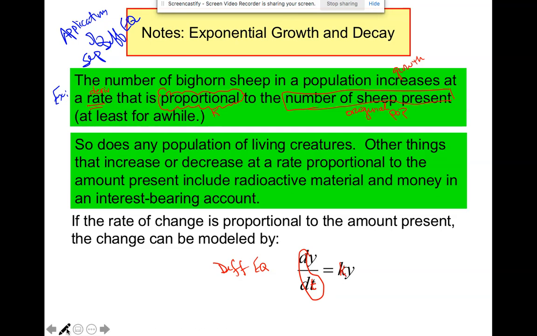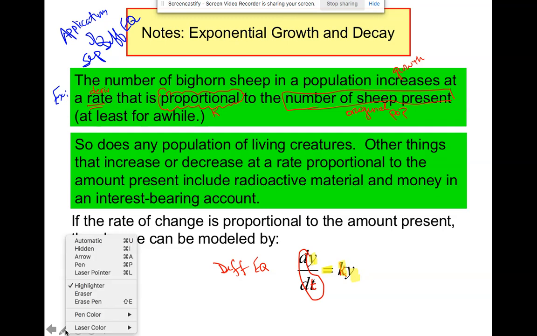The population changes at a rate that is proportional to the original population. That's the exponential growth rate equation.